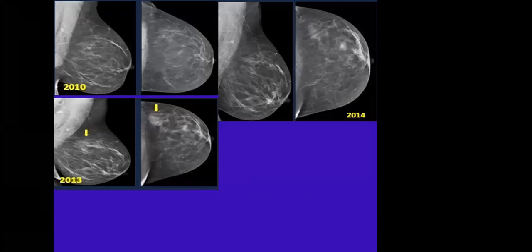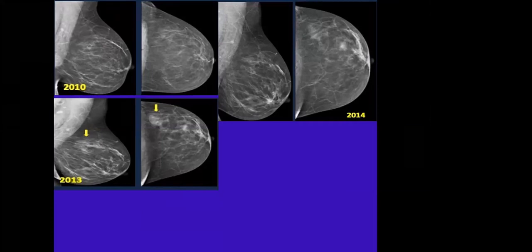Okay. What about this lady? She had a first round in 2010, and the second one in 2013 demonstrates a developing asymmetry.